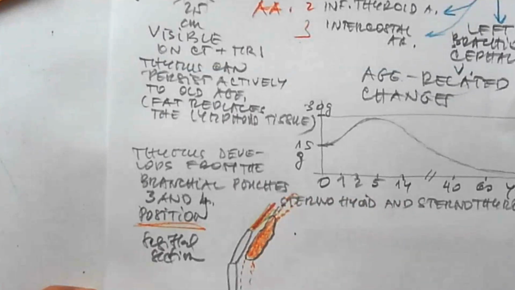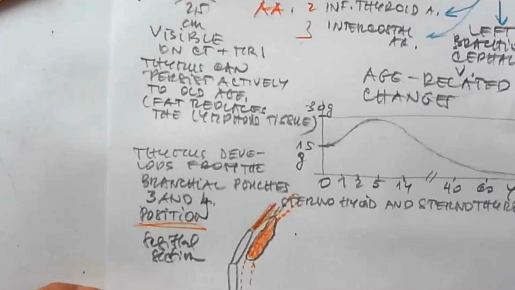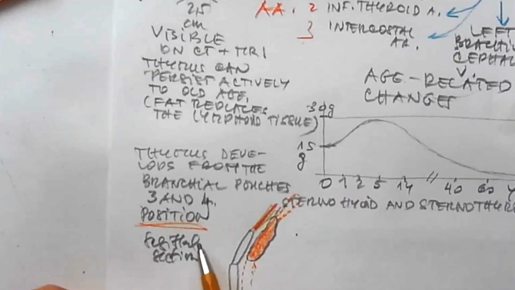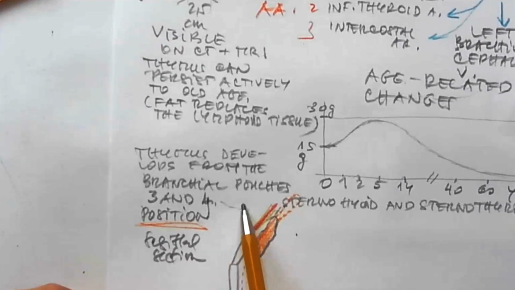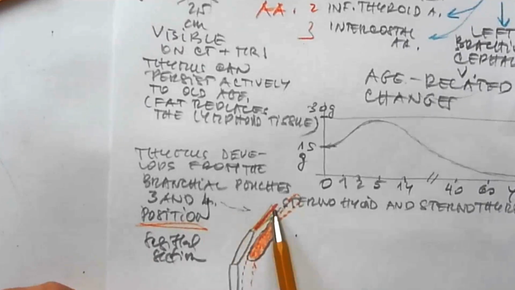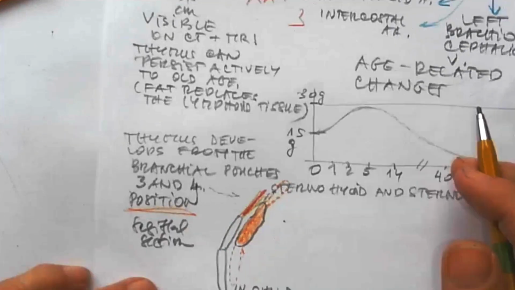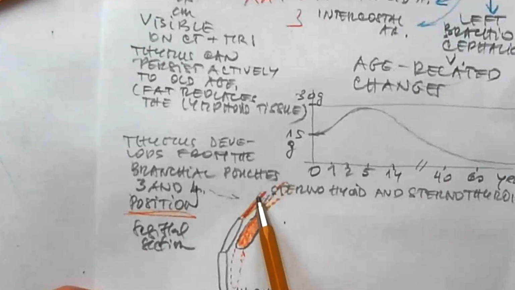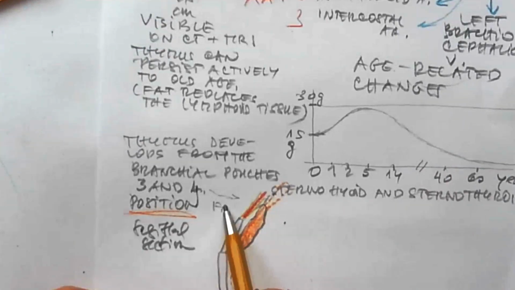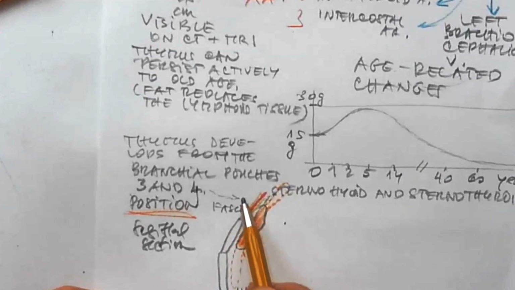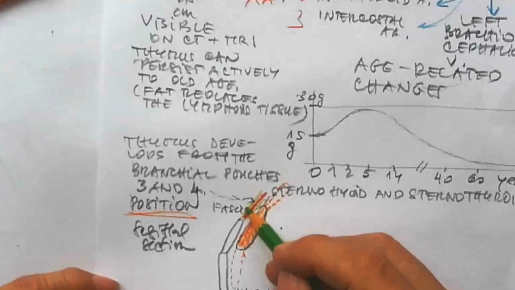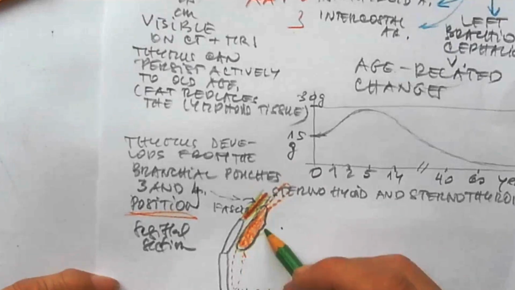So in a child it is longer, because you see it develops from the third and fourth, two different pouches. Anteriorly, we see the fascia, called the pretracheal fascia. Repeating, it is the capsule.